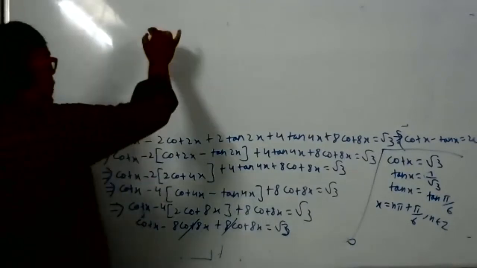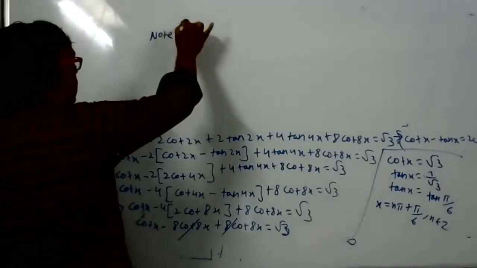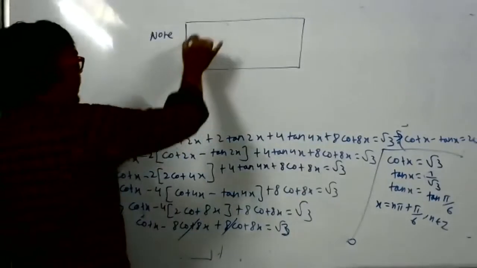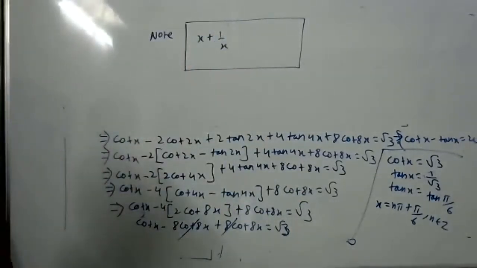One note you should write, all of you. Note. What is a note? Student, you should keep in mind that x plus 1 by x, you put x value anything. Wait, I will wait for other people.